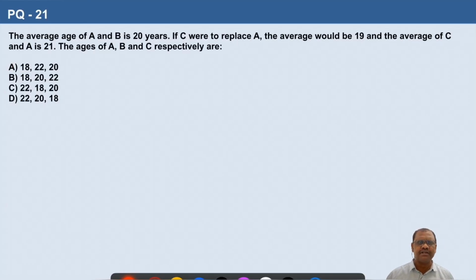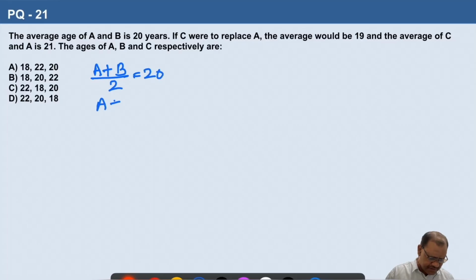Question number 21. The average age of A and B is 20 years. If C were to replace A, the average would be 19, and the average of C and A is 21. The ages of A, B and C respectively are. So let us try to analyze. The average age of A and B is 20 years. So A plus B by 2 is 20.